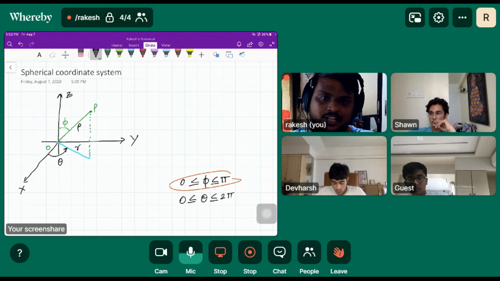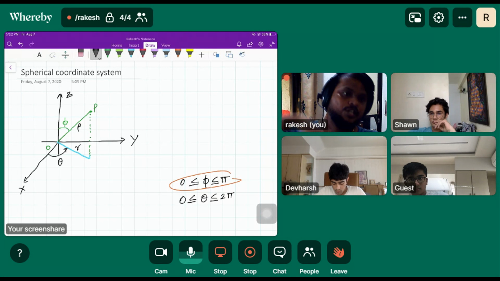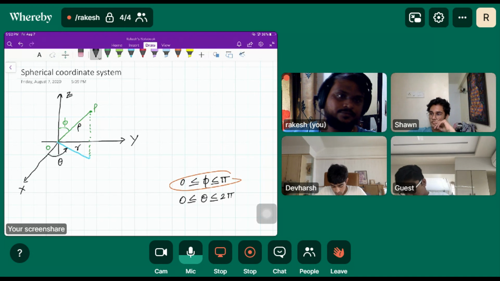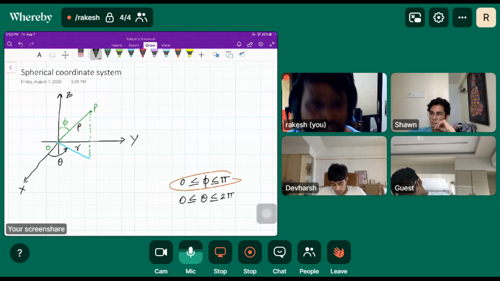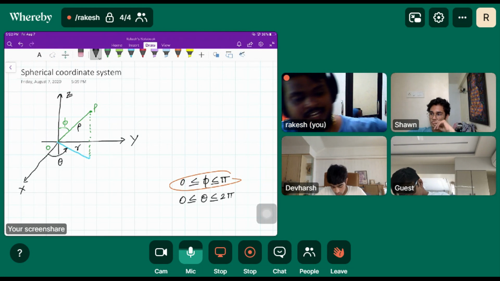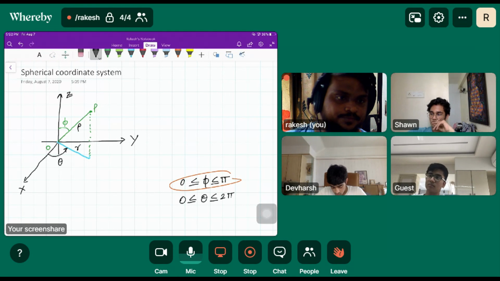You will find that the latitude goes from pole to pole, so it may be with respect to spherical coordinates. Don't confuse with the terminology. We should not use the terms latitude and longitude here. Nevertheless, phi is going from 0 to pi, and theta is going from 0 to 2 pi.